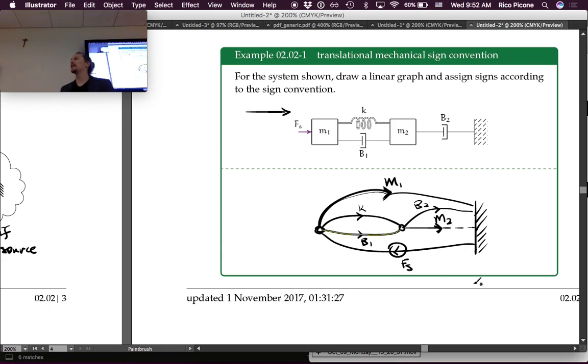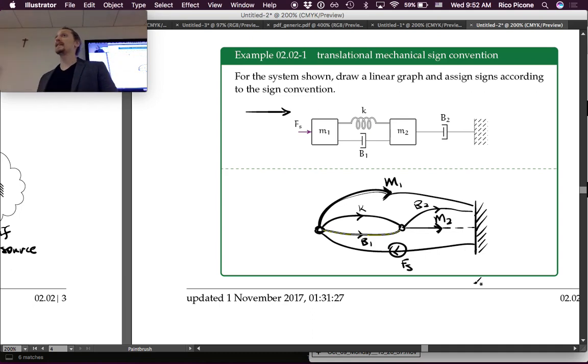So I'm going to tell you guys something that is maybe shocking to you at this point. But you can automate the rest of this. So you come up with a linear graph. We could write a computer program that could take this linear graph and give us the equations and solve them. Which is pretty sweet, right? So we're going to learn that algorithm, and it's important to learn that algorithm.